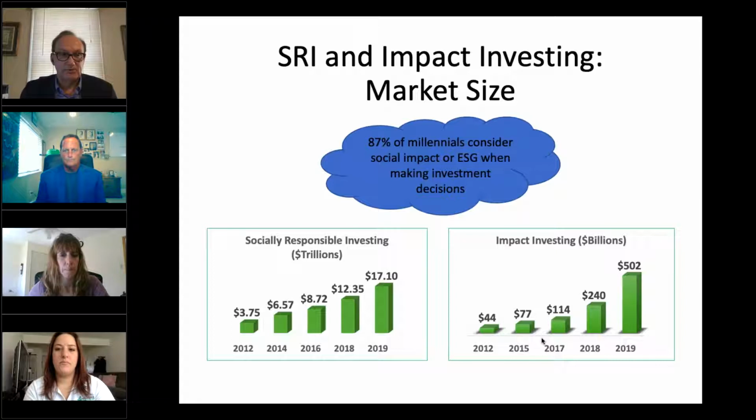That's 24% compounded a year. I'll bet most of our friends out there in the audience would love to be investing in something that's generating 24%. Well, that's the growth in this market, SRIs. And impact investing is growing even faster, at $44 billion to $502 billion. Notice the difference, trillions to billions here, $502 billion in 2019. And that growth rate's been 41% per year.